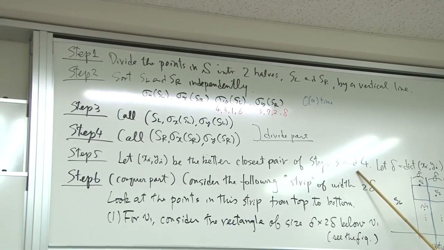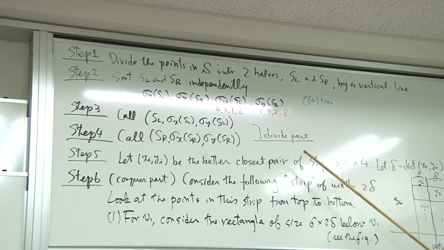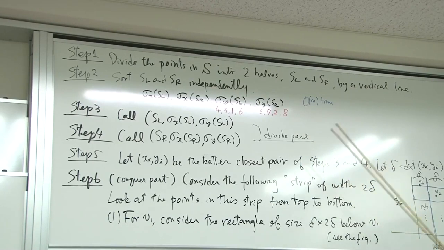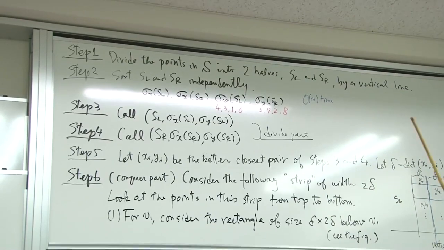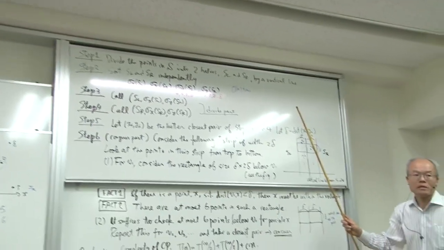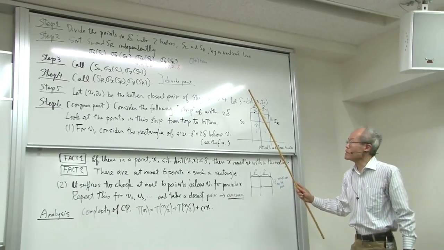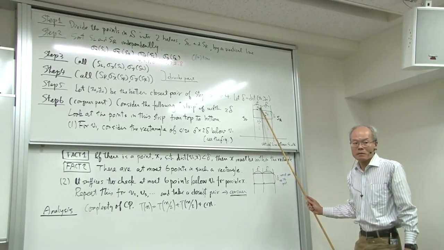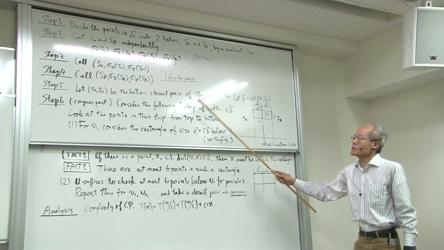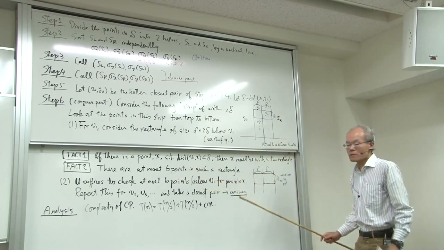So step 5 is obvious, just comparing two answers. And step 6 is a linear time. You can do this in linear time because you have to look at only 6 points below VI. So that's why step 6 is again linear time.